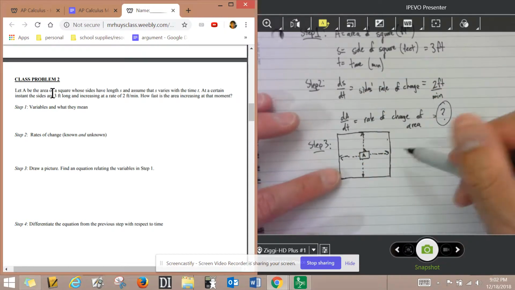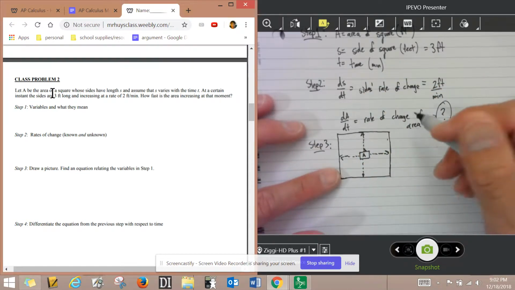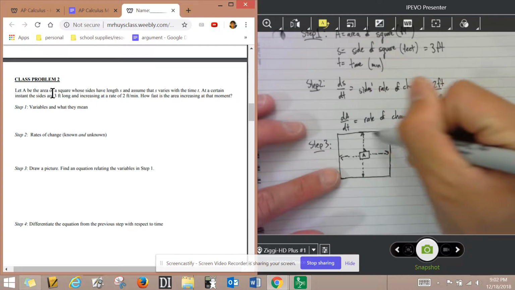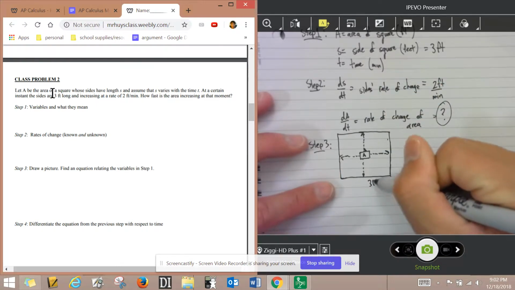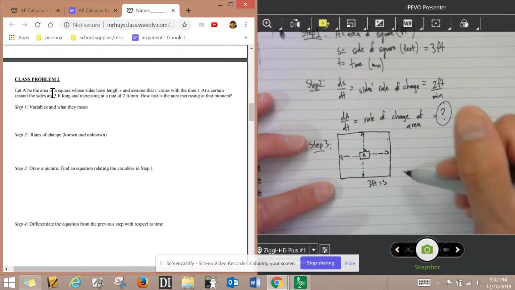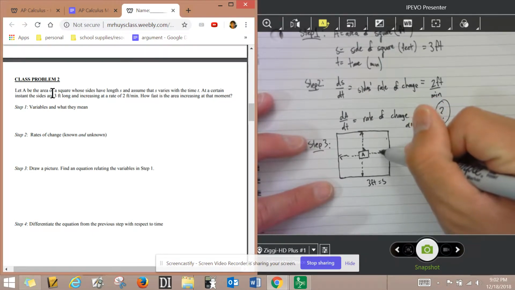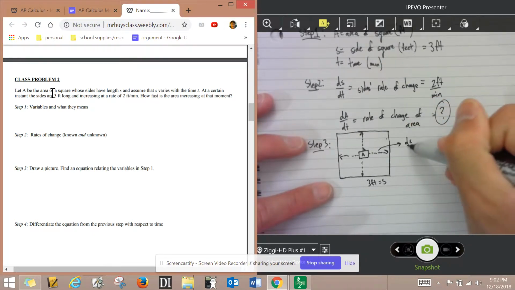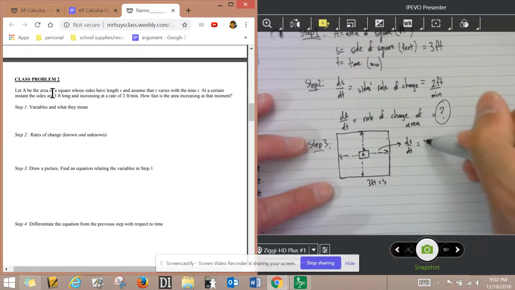We're trying to stop it at the point where the side length is 3 feet long. So that's for the sides. And the rate at which it's increasing, dS over dt, is 2 feet per minute.